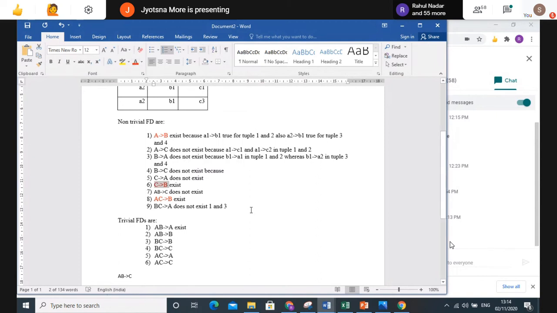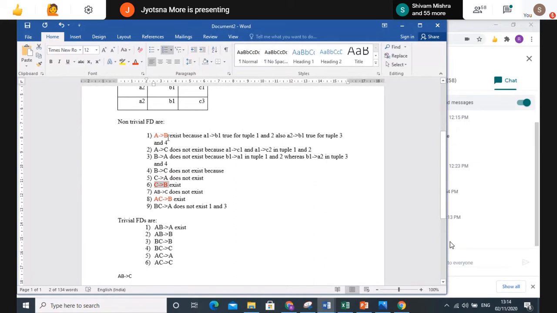So what I can do here, A determines B and C determines B, so I can take the union of this. What will I get? AC determines B, correct? So that I am already getting with this combination or using the formulae.